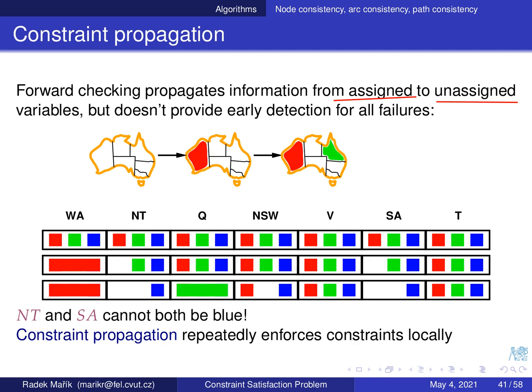And as I mentioned a bit earlier, NT and SA here are blue, and they cannot both be blue by constraint. So you are able to detect that even this case is leading to failure. So using constraint propagation, that means checking combinations of remaining values, you can detect failure earlier.